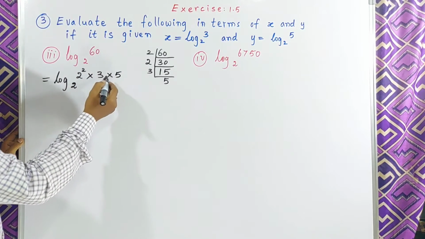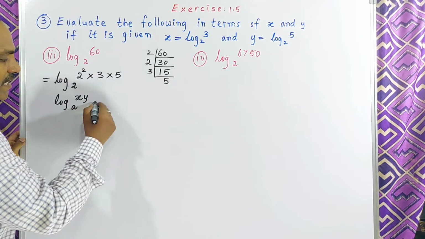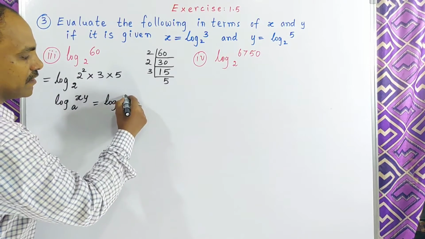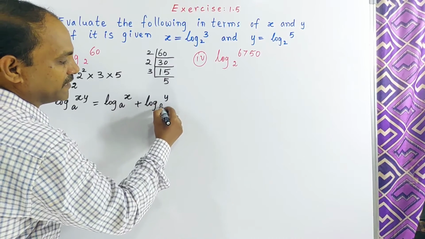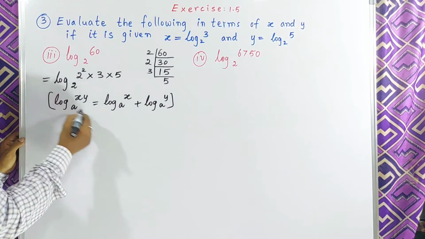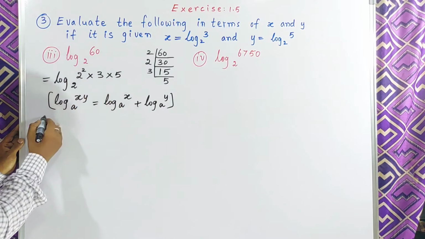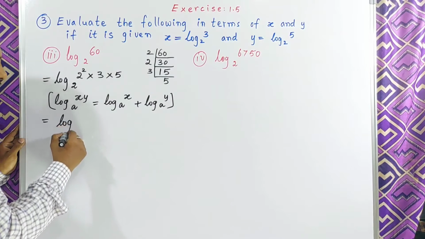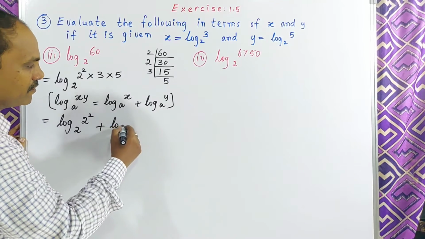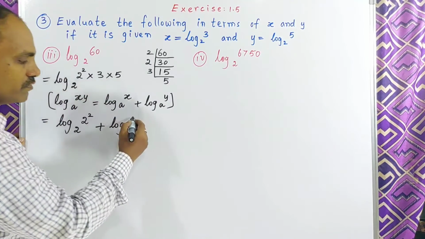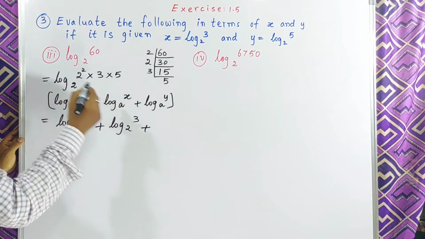Here multiplication is there, so by the formula log xy to the base a equals log x to the base a plus log y to the base a, we can write this as the sum: log 2 square to the base 2 plus log 3 to the base 2 plus log 5 to the base 2.